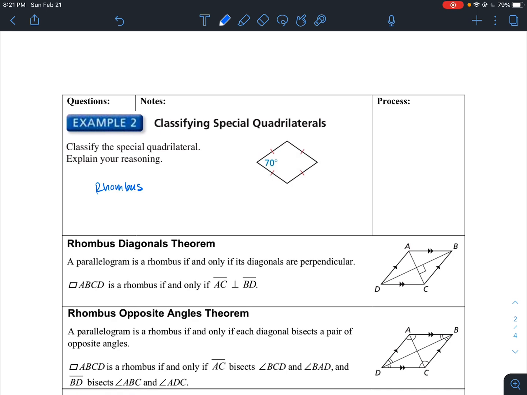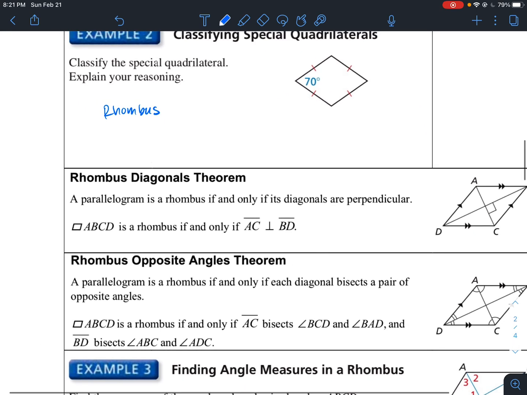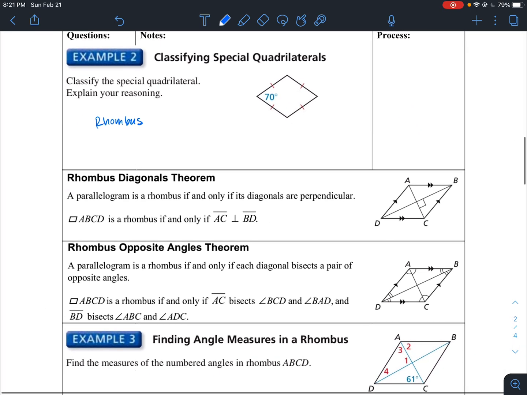Now let's learn about some properties and theorems. So here, the rhombus diagonal theorem: a parallelogram is a rhombus if and only if its diagonals are perpendicular.